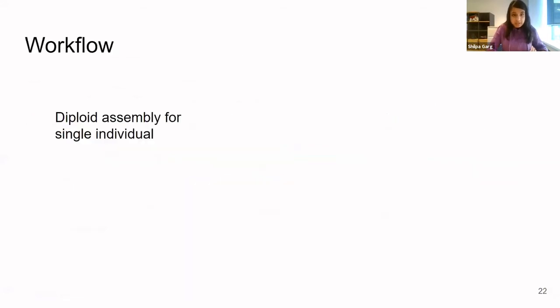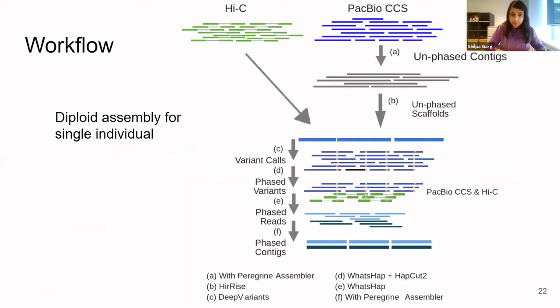So to overcome these limitations, here I proposed a new workflow which starts with HiFi data, and we first produce contiguous sequences from the HiFi data, and then we scaffold those sequences using Hi-C to produce the unphased scaffolds. And now these scaffolds are whole chromosome scale.